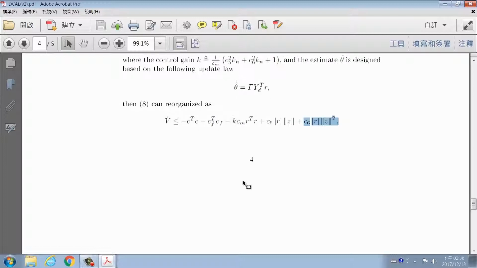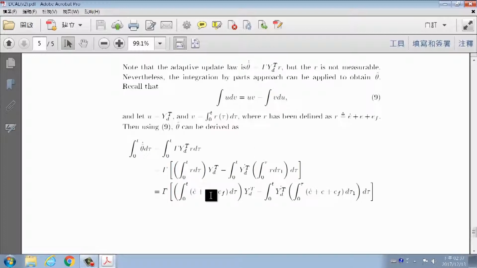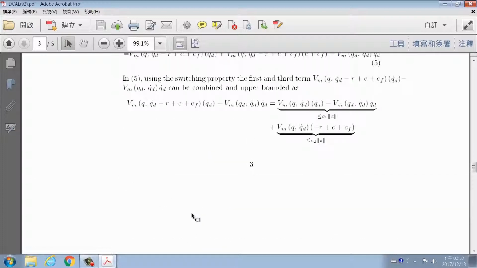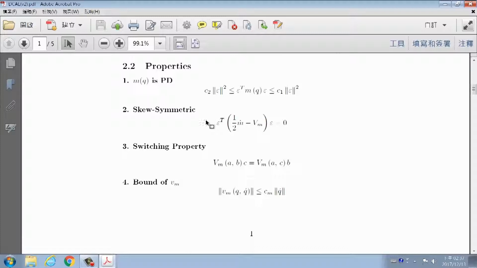Okay, the analysis doesn't come from nowhere. Methodology is based on the constraints, okay, by the assumptions of the systems, the properties, the upper bounds. All these properties will be reused in the analysis. All these upper bounds. This skew-symmetric property can be used to cancel out the M dot terms, right?